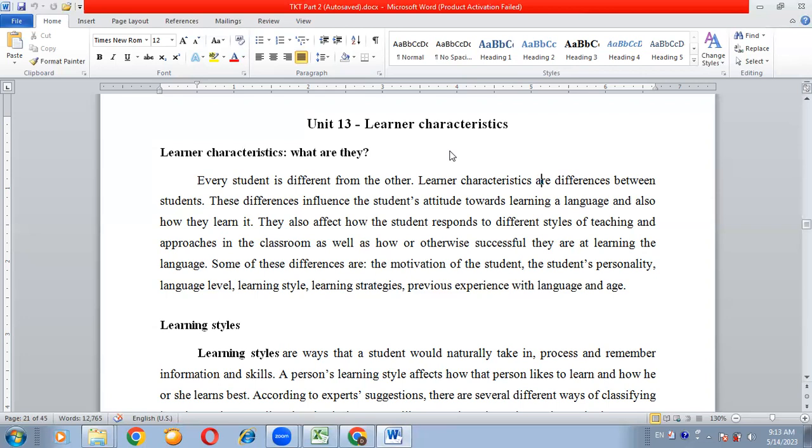The motivation of the student: that means we can find highly motivated students and less motivated students. And also the students' personality, language level, learning style, learning strategies, previous experience with the language, everything depends on those differences.